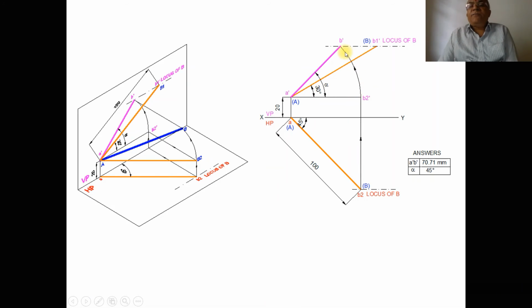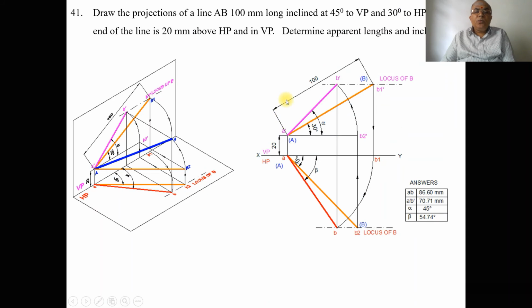As the locus of B in the front view is here, with A dash as center, taking the radius of A dash B2 dash, you rotate it such that it cuts the locus of B in the front view. You mark this point as B dash and join A dash B dash with a dark line. When you project both B dash and B, both will lie on the same line. This is how you find the solution.